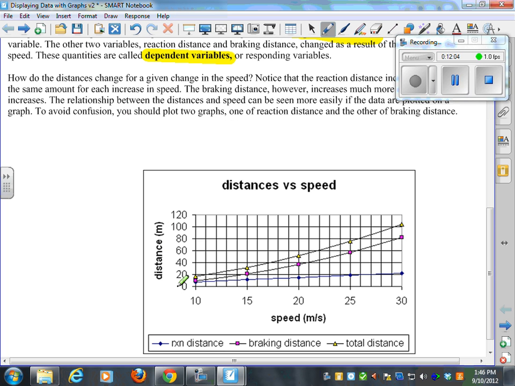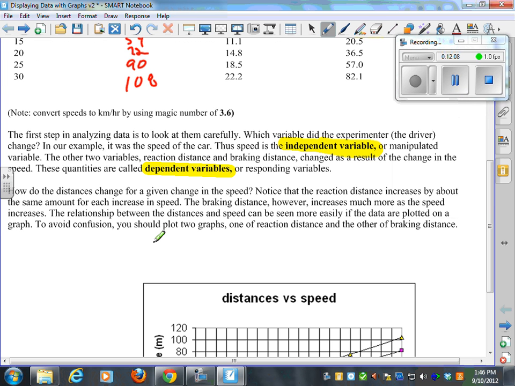We would have distance here and speed here because we measured the distance. But sometimes the one that you want to measure is hard to measure. There's an example of that in the next month or so. So sometimes, even though we're measuring the time, I want time along the X. So there are a couple of occasions when I do a switcheroo. But for the most part, independent should be on the X.